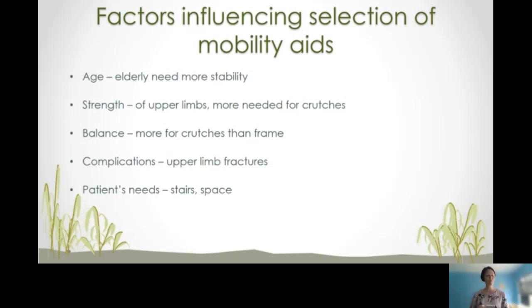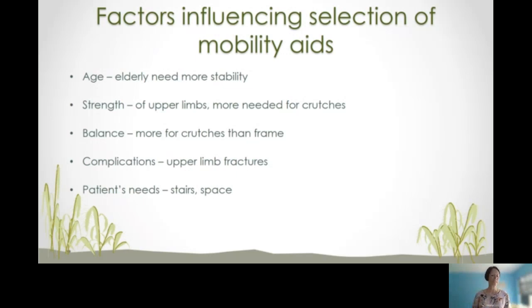We have a very useful walking aid named gutter crutches. That allows the elbow to be bent to 90 degrees and weight is placed on through a shorter lever of your elbow. You'll see a little bit later when I show you the mobility aid types. But that complications is also an influencing factor.